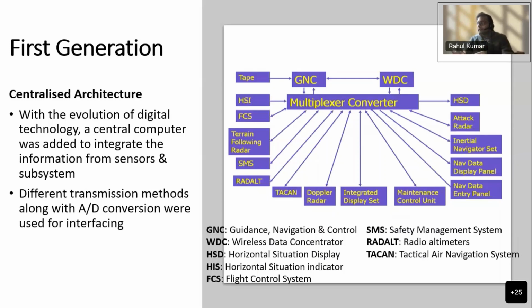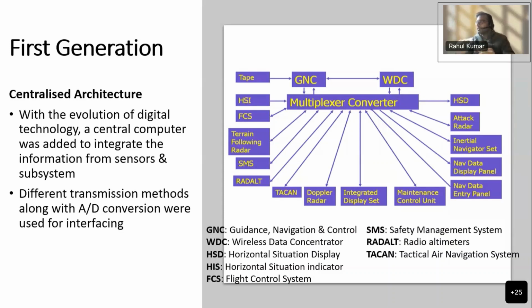Now another first generation architecture was the centralized architecture. So it's again a development on the previous architecture, the disjoint architecture. In disjoint architecture, each of the units was independent or disjoint.